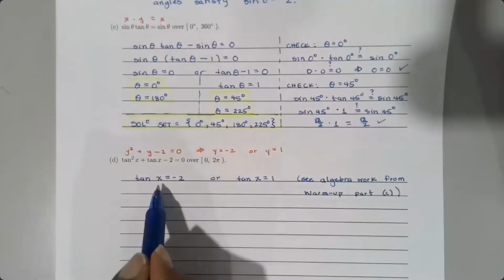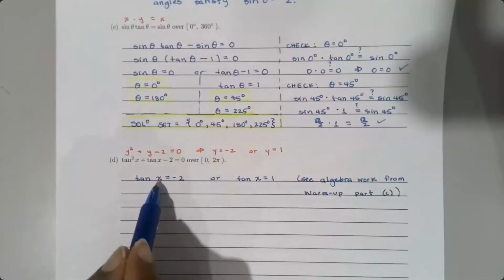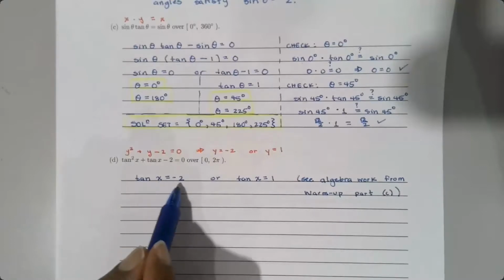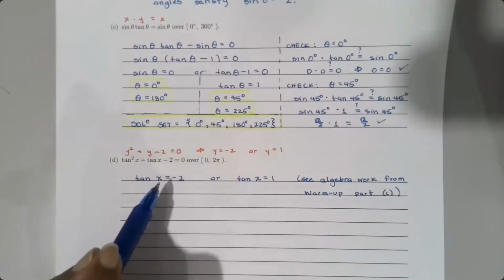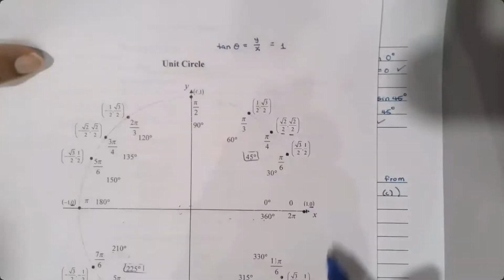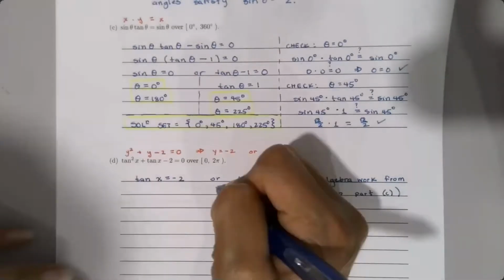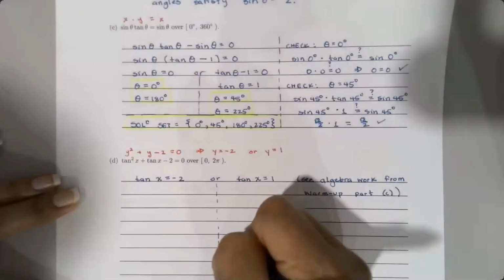Now, what this means then is we're trying to find all of the angles x that have a tangent equal to negative 2. Now, this negative 2 is not something that we're able to form by doing y over x with any of these points on the unit circle. So what that means is that we're going to have to rely on our calculator to help us out with that part.